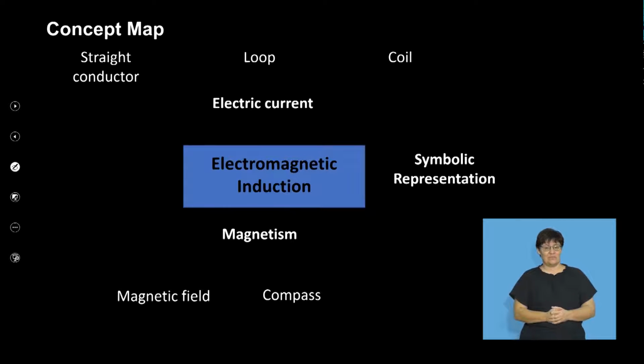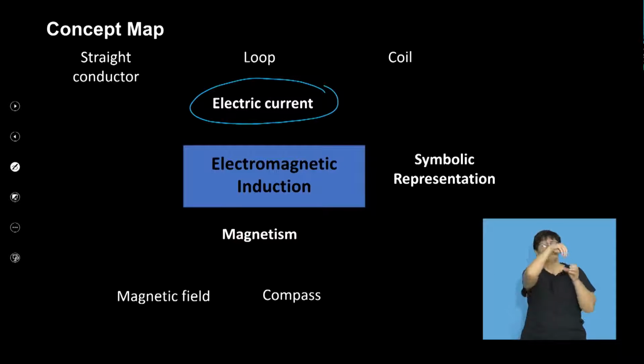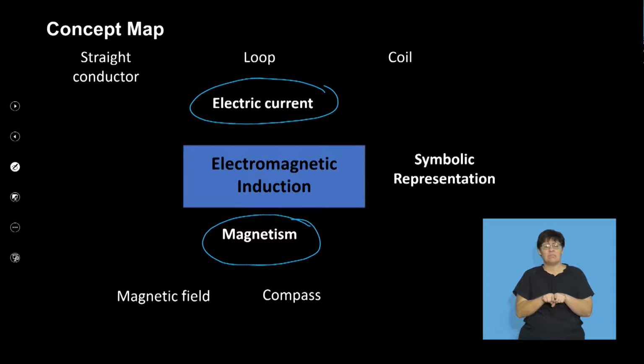So electromagnetic induction is the topic that we're looking at, and we recognize it's got a component of electric current. That's what we would like to get out at the end, but it builds on the process of magnetism and how these two are linked.